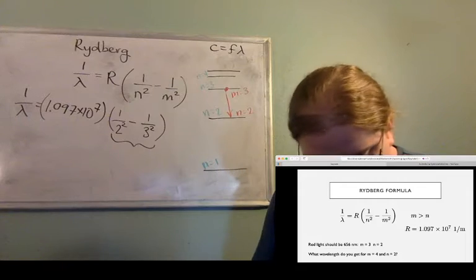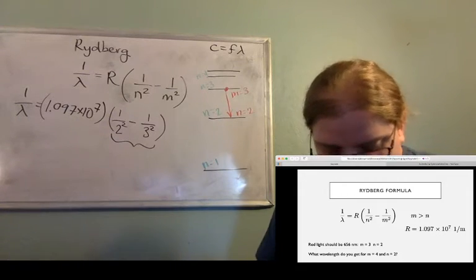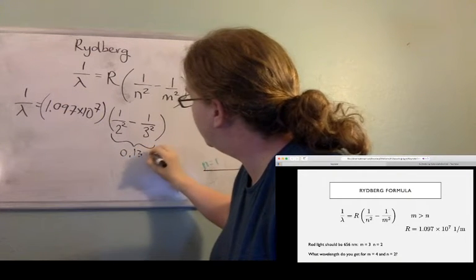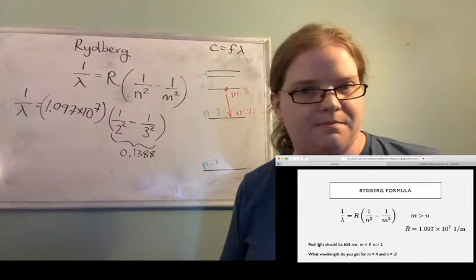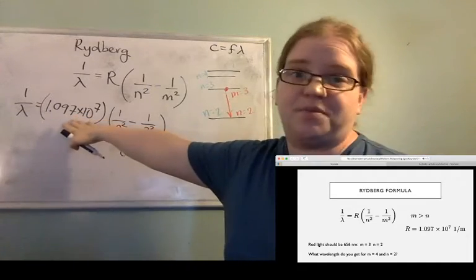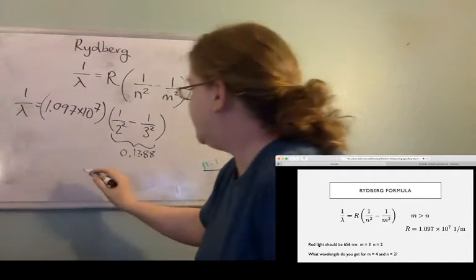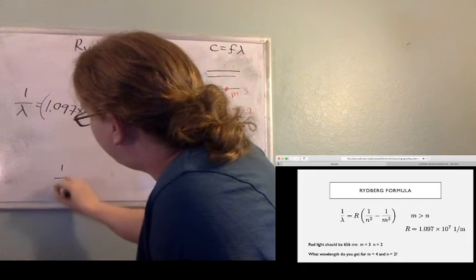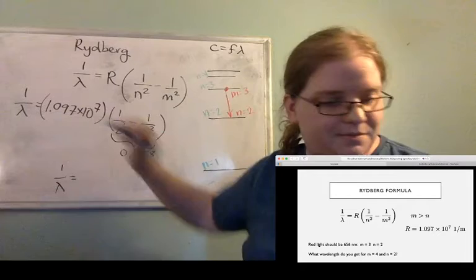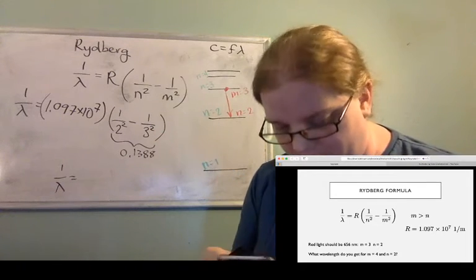And I get 0.1388 right there. Okay. Now that's just a number, and we can multiply it by this big number. So that'll give me 1 divided by lambda equals, so I'm multiplying 0.1388 times that value there.